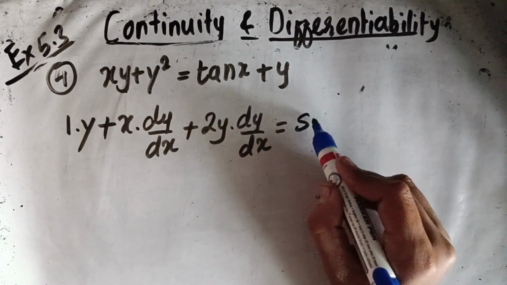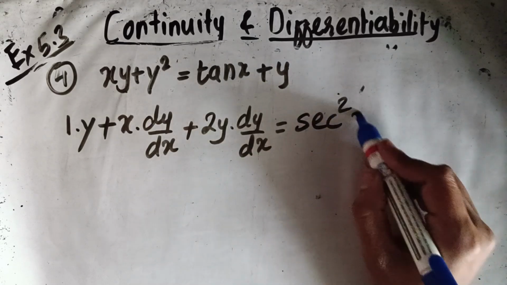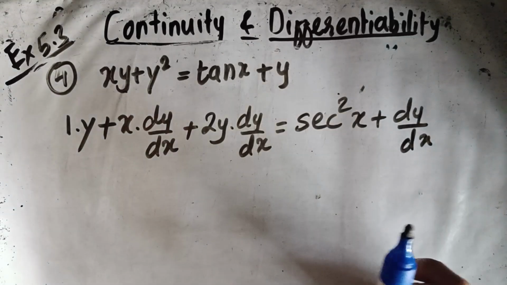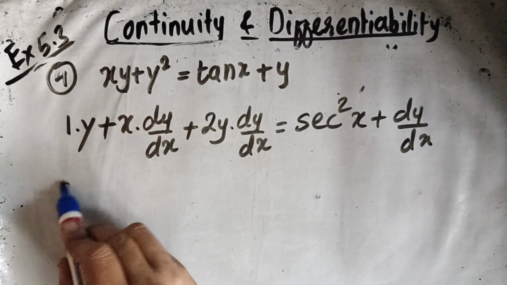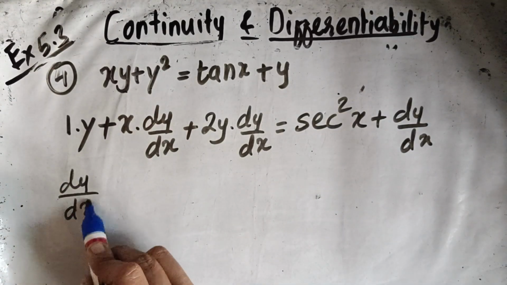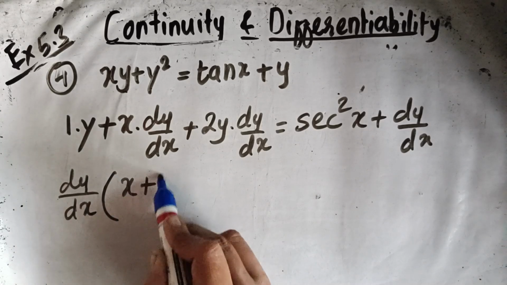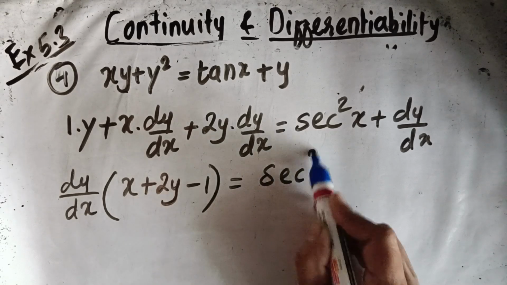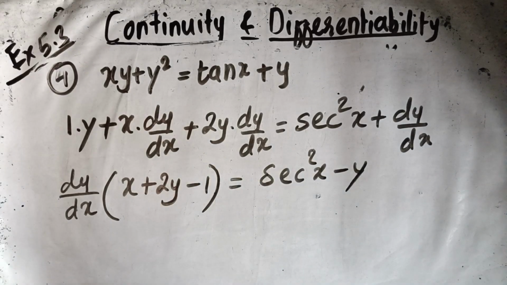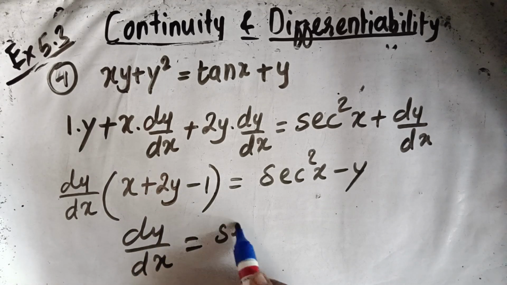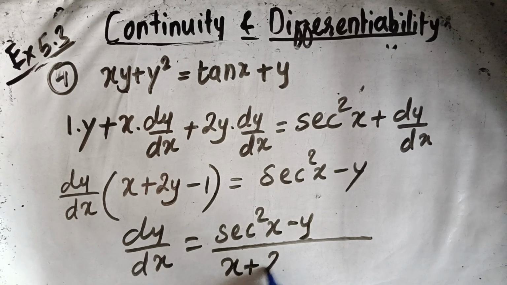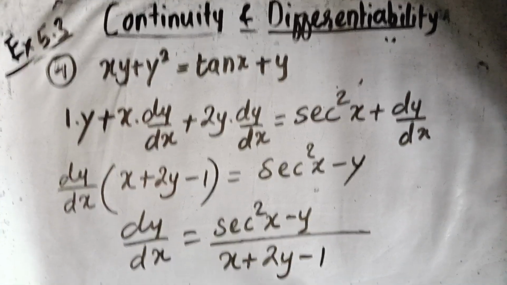Derivative of 10 plus dy by dx. Now again take dy by dx terms together. So it is x plus 2y minus 1 equal to sec square x minus y. Okay. So dy by dx is equal to sec square x minus y upon x plus 2y minus 1.